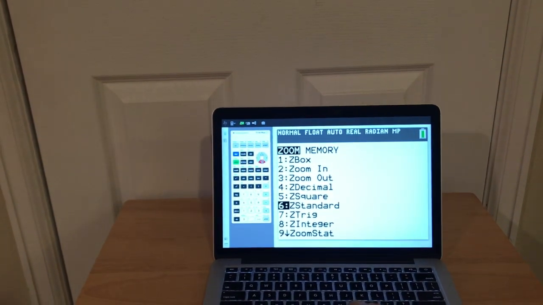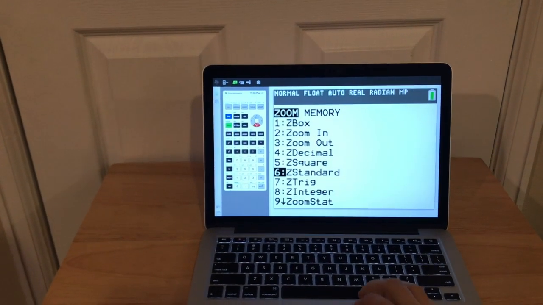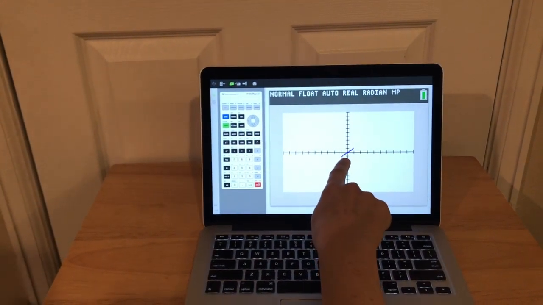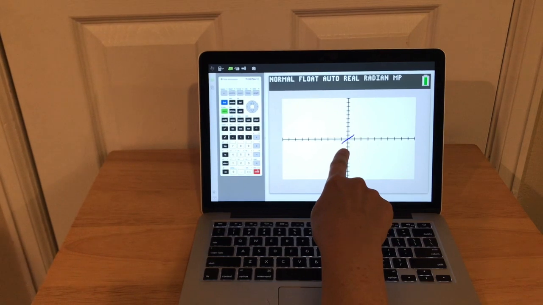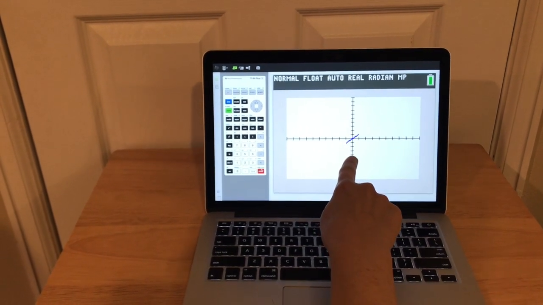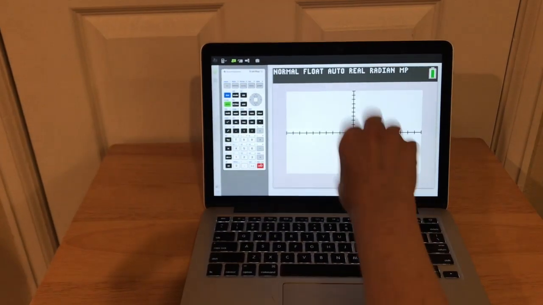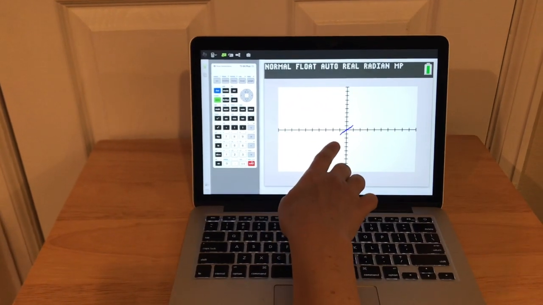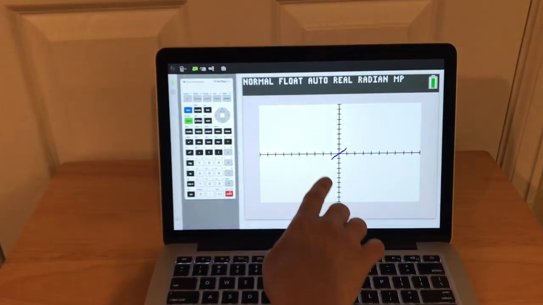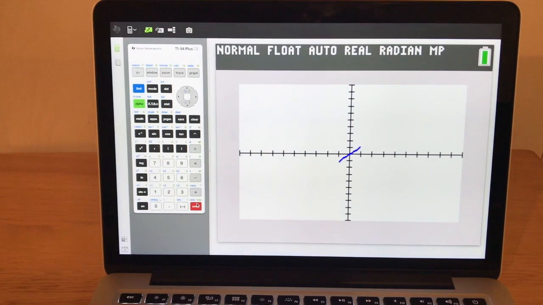Okay, so let's hit enter. See that? That is our graph. That's it. Now this is sort of a waste of space out here, so I'm going to zoom in on this, but I want to emphasize that that is it. That is the entire arcsine function right there.